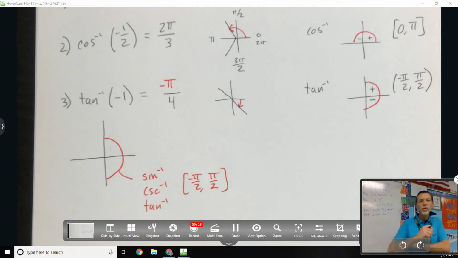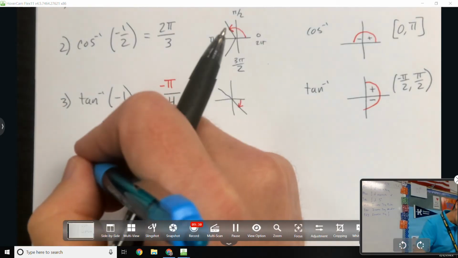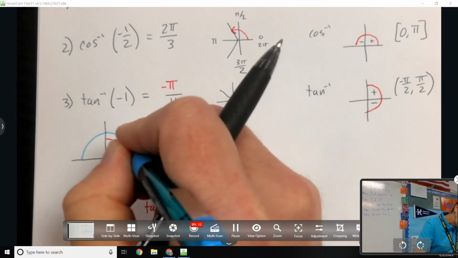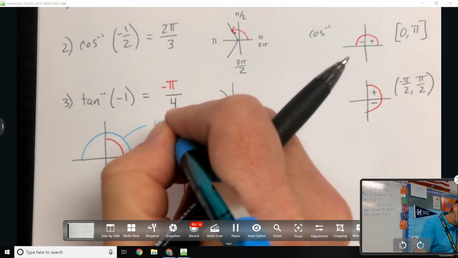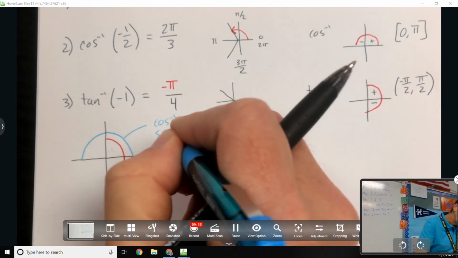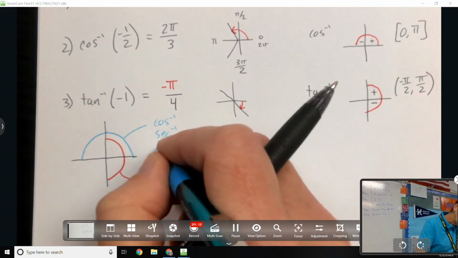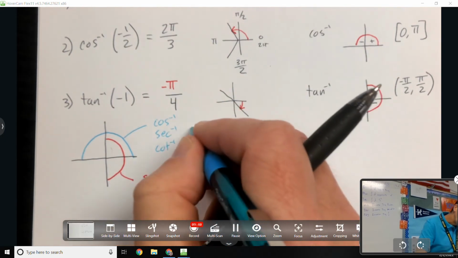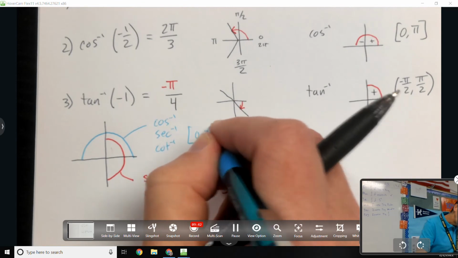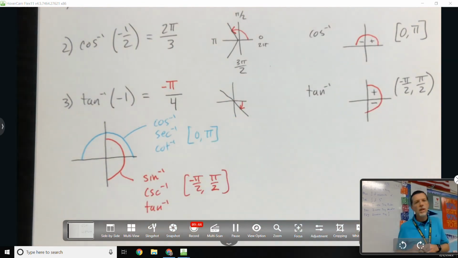Your answer will come from quadrant 1 or quadrant 4. Quadrants 1 and 2 are the other 3: inverse cosine, inverse secant, inverse cotangent. Cotangent is the only one that's a little bit weird, but it's rare you have to worry about that.